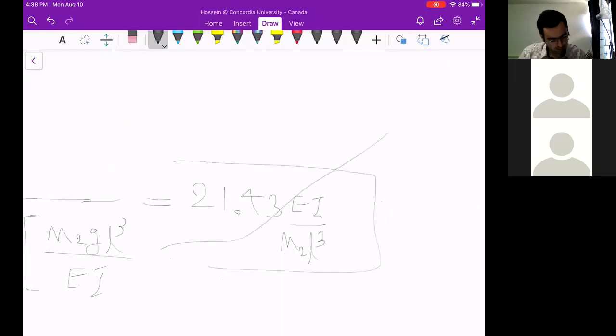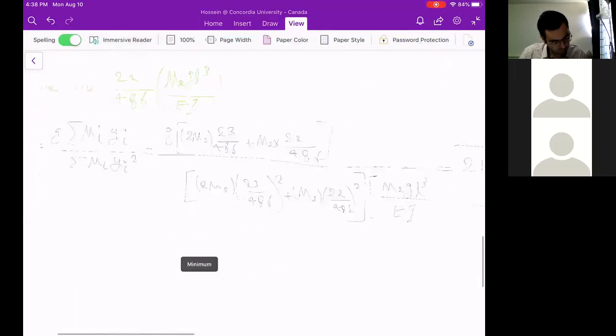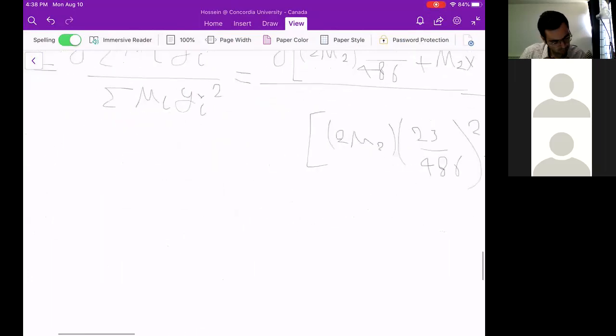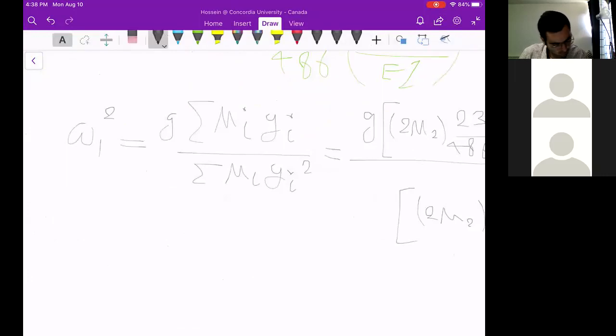Therefore, the fundamental frequency omega 1 would be 4.63 square root of EI over M2L cube radian per second.